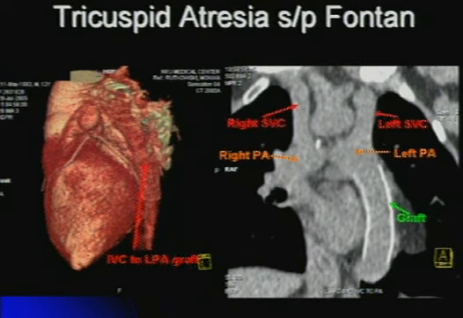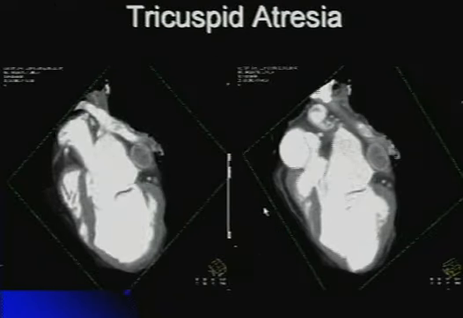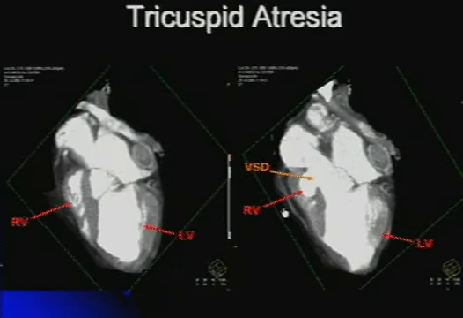And we see that there's a left-sided as well as right-sided SVC, with the right-sided system draining into the right pulmonary artery and the left-sided system draining into the left pulmonary artery. And we also got a view of the internal anatomy, cardiac chambers, and we see that the right-sided chamber is small. There is a VSD noted as well, since this is a tricuspid atresia patient.